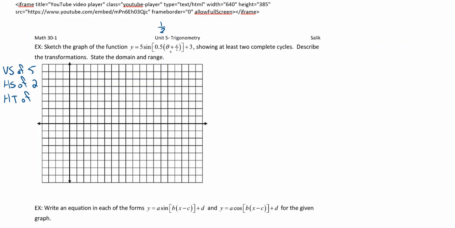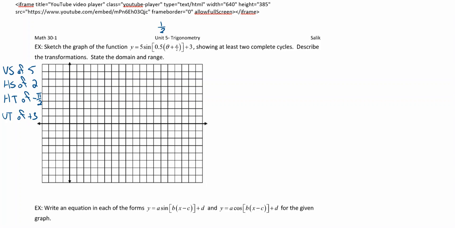So when we have our C value, like our phase shift, or horizontal translation, it's going to be the opposite. So this would be pi over 2 to the left, or negative pi over 2, sure. And then lastly, we just have our vertical translation of 3 up, or positive 3 if you like. Okay, so those are the things we're going to do, right? So that just helps to get those written down.